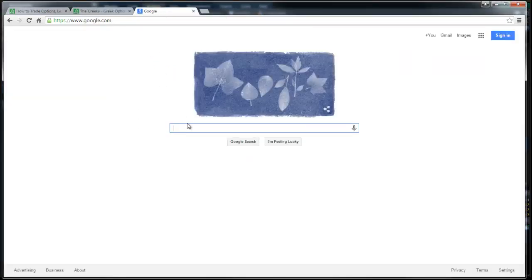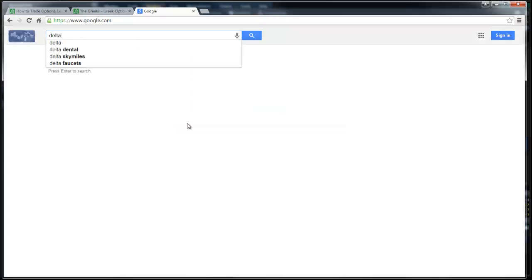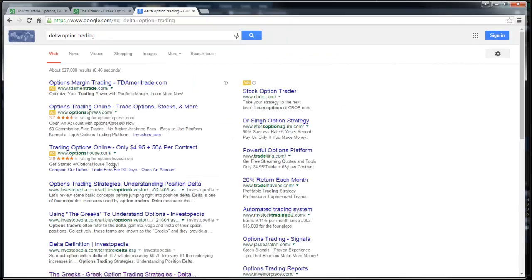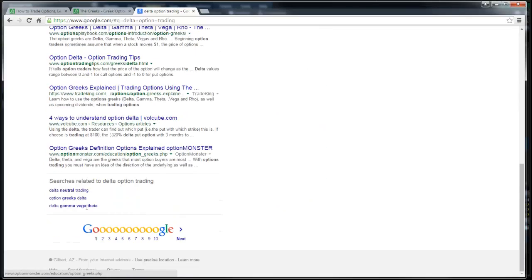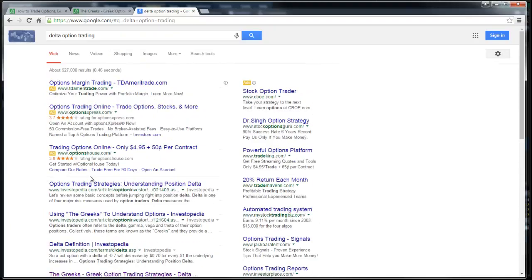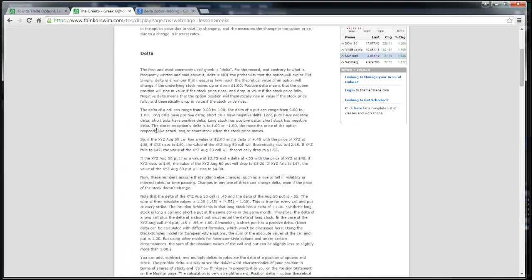So if you just think of delta, let's just type right in here into Google, delta option trading, and you will see so much information here about option delta, neutral delta, flat delta. Delta is simply put how you can quickly ascertain what kind of impact price movement is going to have on your position, okay?